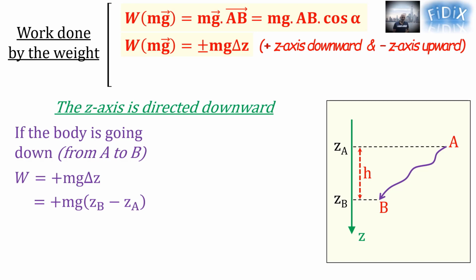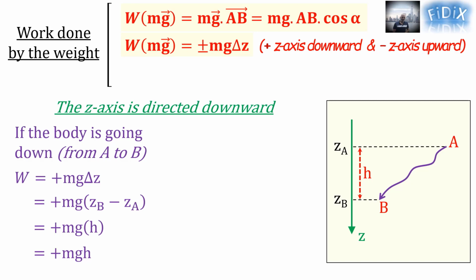Let h be the height difference between A and B. This gives delta z equals h, since in this case zb is greater than za. The result is W equals plus mgh.